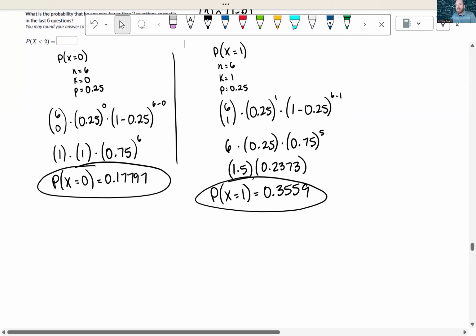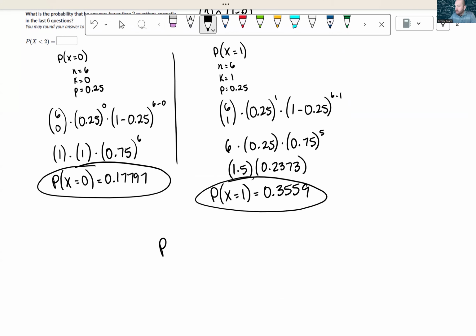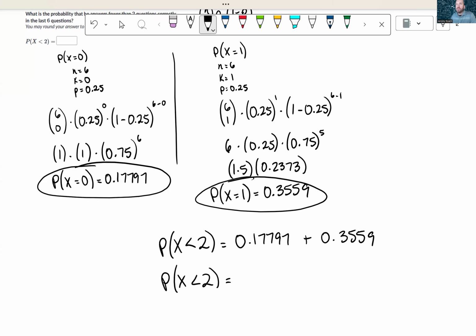So the probability that x is less than 2 is 0.17797 plus 0.3559, which is equal to 0.53387.